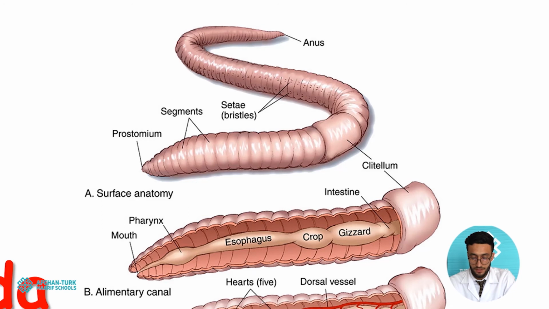We will talk first about their external features, starting from the prostomium, which is the anterior part of this animal. They are segmented, so they are made up of segments, and each segment possesses a seta, or a bristle, which helps the animal with locomotion or sensation. At the final stage, you will find the anus, which expels the waste materials. Between parts of the body, you can see the clitellum. The clitellum is the reproductive part of the animal.